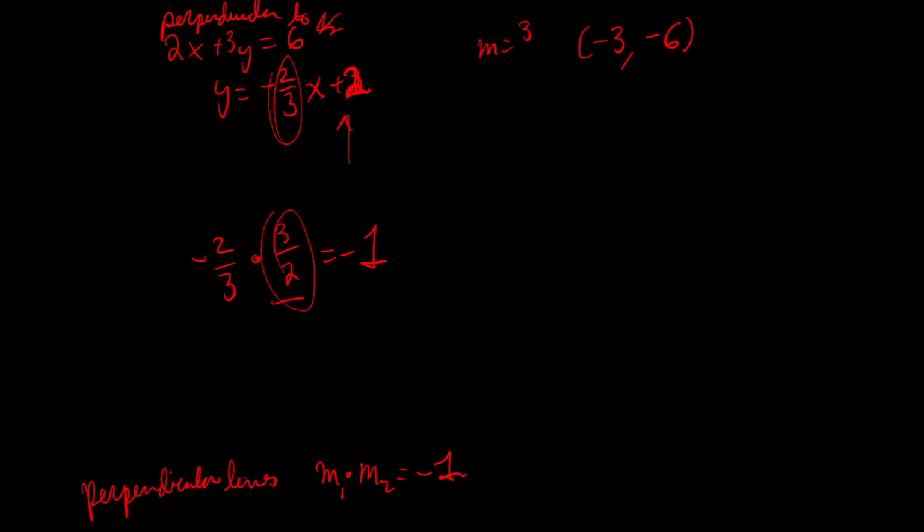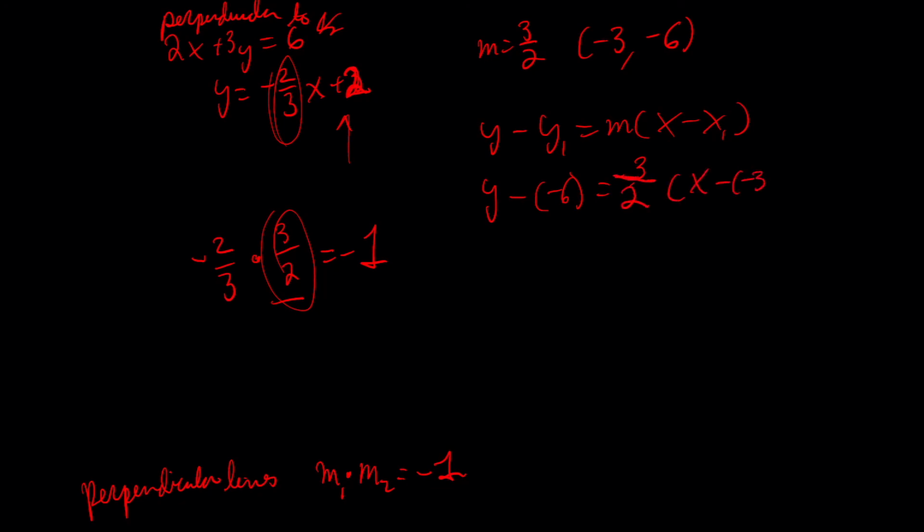I can now go ahead and use point slope form. I have y minus negative 6 equals positive 3/2 times x minus a negative 3. That gives me y plus 6 equals 3/2 times x plus 3.